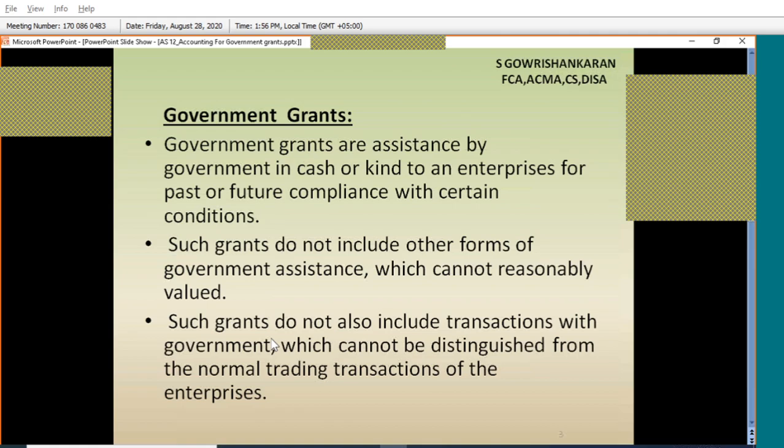Government gives an order to ONGC: you supply that crude oil to all your customers at 20% discount. Government is giving one order. You got it? Whether this is a grant or not a grant.